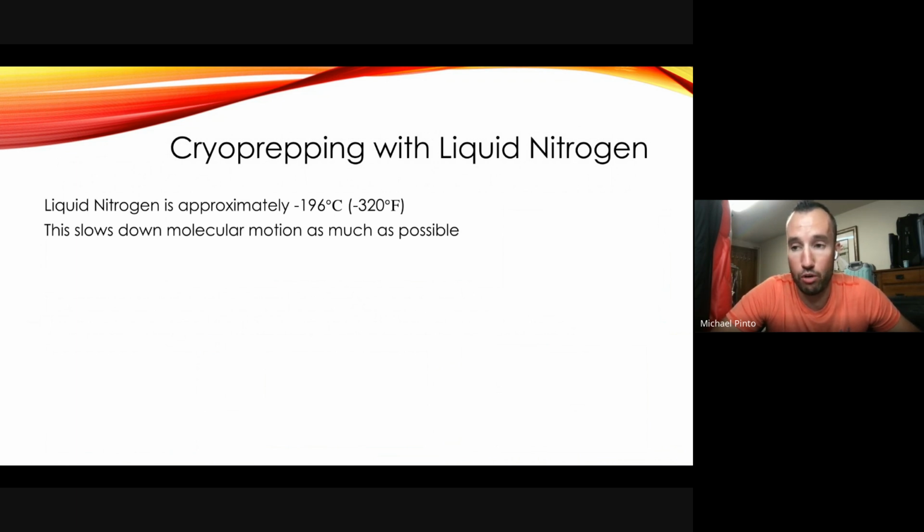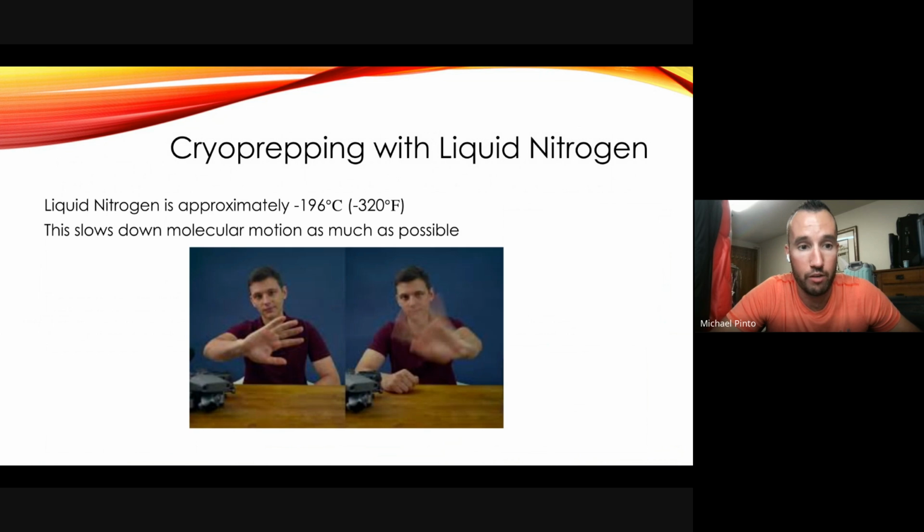Remember that absolute zero is negative 273 Celsius, so we're working our way close towards absolute zero, where molecular motion would stop. We're down there pretty deep, negative 196 Celsius, and that helps to slow the molecular motion of those protein crystals down as much as possible.